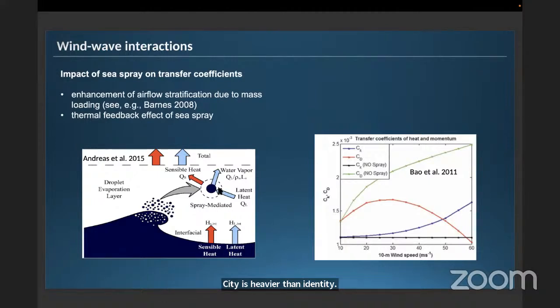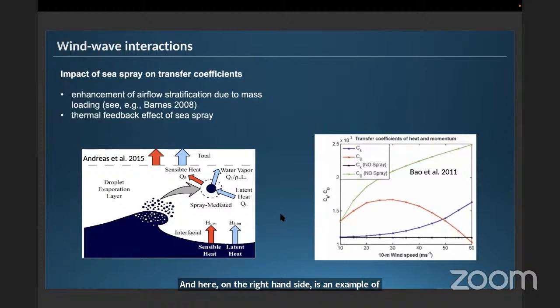And there is also a change in the fluxes, so latent heat flux and sensible heat flux, associated to the evaporation of these droplets. And this has a strong impact also on the drag coefficient and the heat flux coefficient. And here on the right-hand side is an example of a paper from Bao.